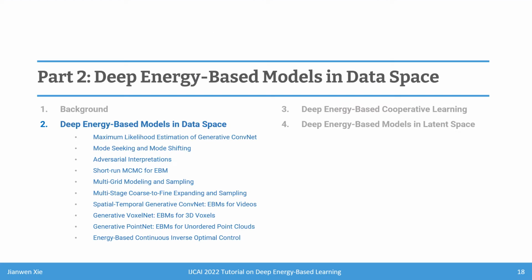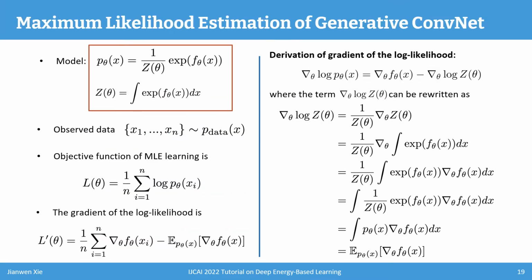Now we will study the deep energy-based model in data space. Maximum likelihood estimation is a commonly used method to train energy-based models. Suppose we observe training examples x_i, i from 1 to n, which follow the unknown data distribution p_data.